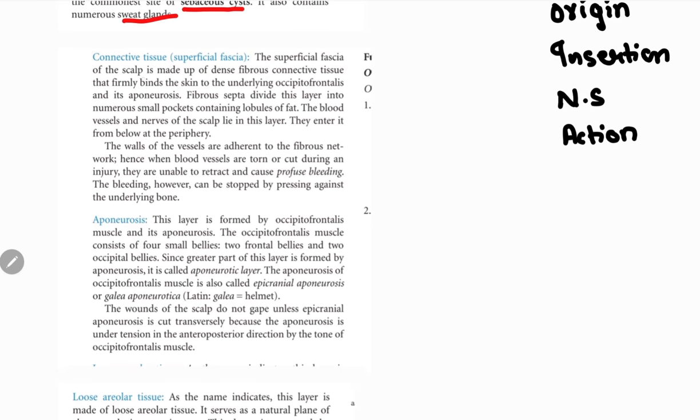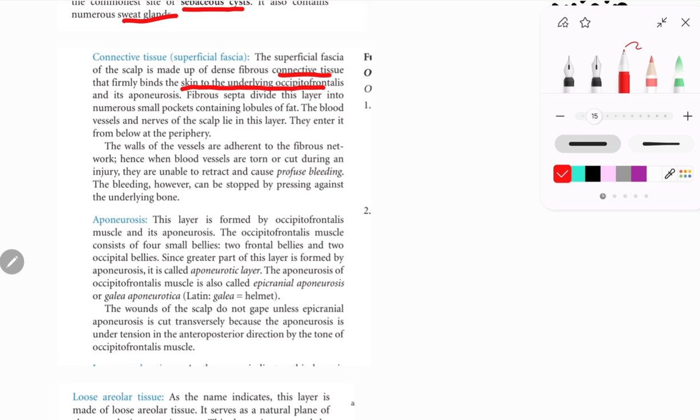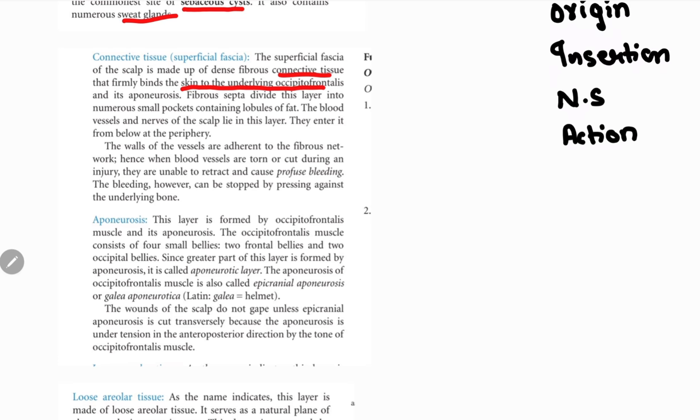Next, connective tissue, superficial fascia. The superficial fascia of the scalp is made up of dense fibrous connective tissue that firmly binds skin to the underlying occipitofrontalis and its aponeurosis. Fibrous septa divide this layer into numerous small pockets containing globules of fat. The blood vessels and nerves of the scalp lie in this area.